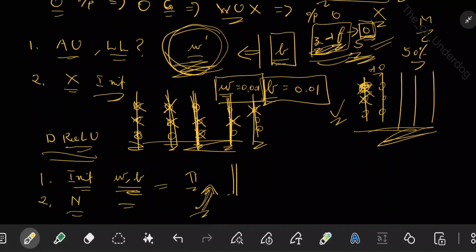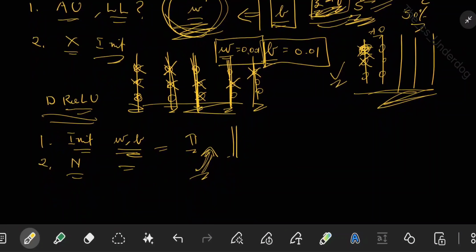Okay. One practical way of resolving this is using something other than ReLU. I already told you that ReLU is very important and has a lot of specialities, so you can't let ReLU go away. Instead, there are certain activation functions which are slight modifications of ReLU, something like leaky ReLU or ELU.